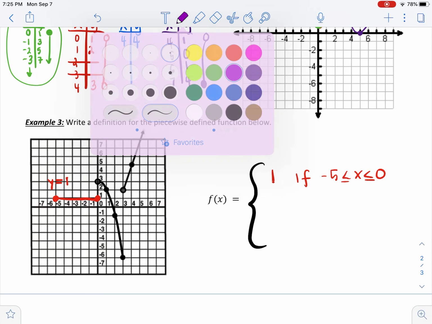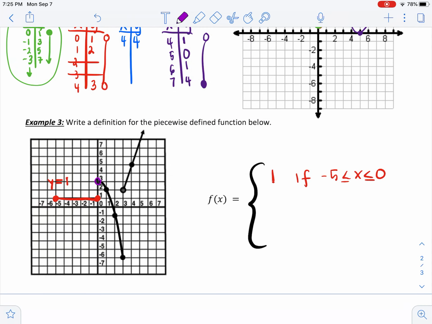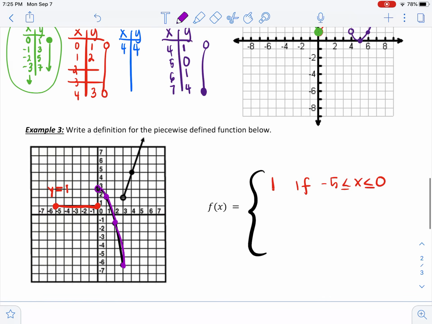All right, the next piece I notice is a downward facing parabola. So I'll color this in purple here. Remember, parabolas are in the form y equals a times (x minus h) squared plus k. So if I know the vertex, then I can write the equation of the parabola, right? Their a value is 1, because I can see that from the vertex this goes up 1, down 1, right 1. It is, however, reflected, so that's negative.